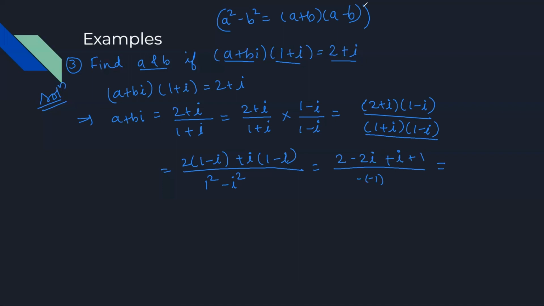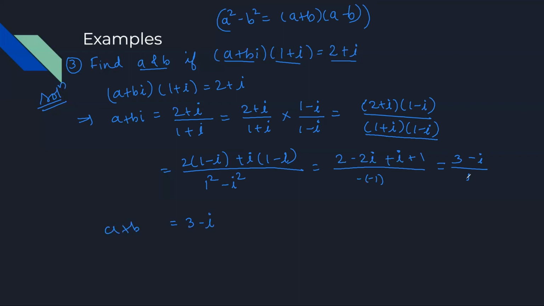So 2 plus 1 will become 3, and minus 2i plus i will become, what will it become? Minus i upon, this is 1, so we can ignore it. So therefore our answer is 3 minus i.